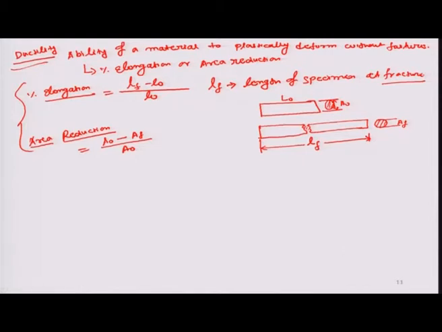Now, another property is the hardness of the material. Hardness is the resistance of a material against abrasion or indentation.